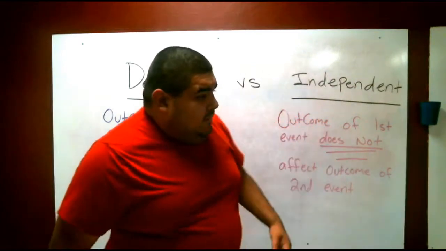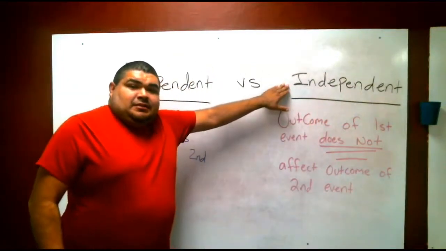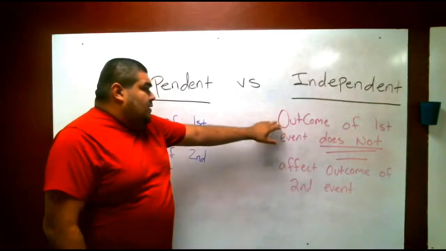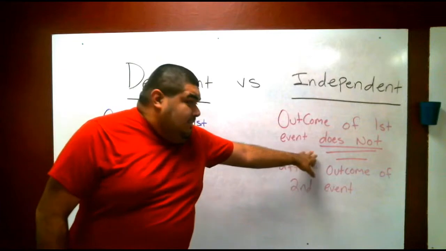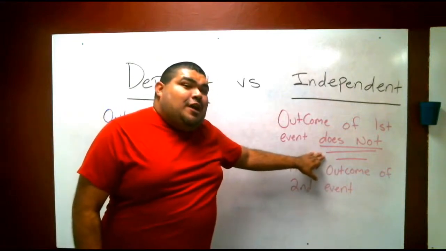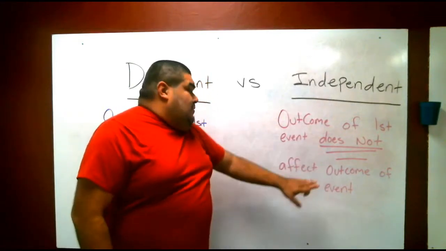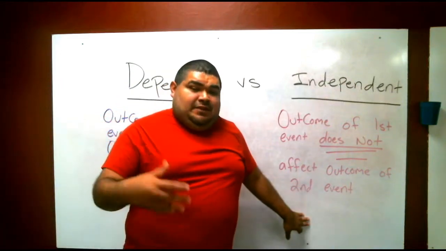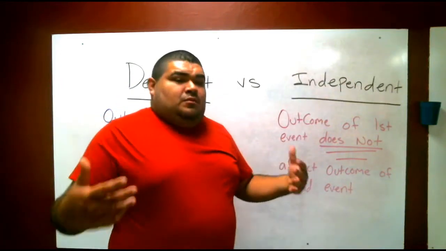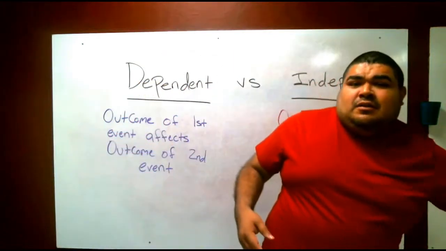Where if we have an independent event, meaning the outcome of the first event, hint, does not matter, okay? So it does not affect the outcome of the second event. Let's do a little test here.